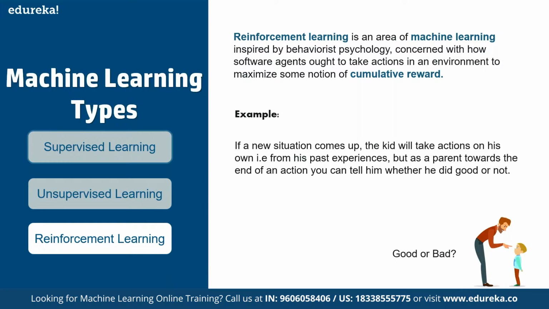We simply give the machine a reward or penalty point for each action it performs. If the option is correct, the machine gains the reward point, or gets a penalty point in case of a wrong response. So the reinforcement learning algorithm is all about interaction between the environment and the learning agent.